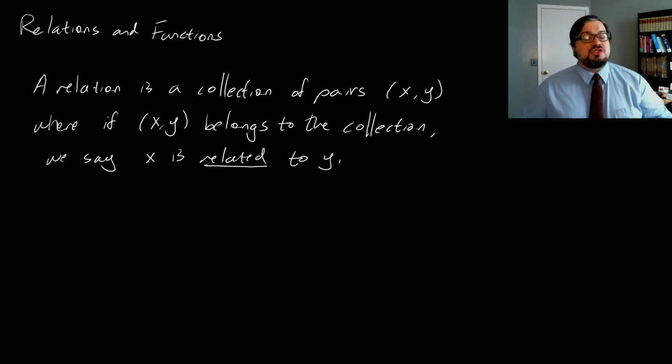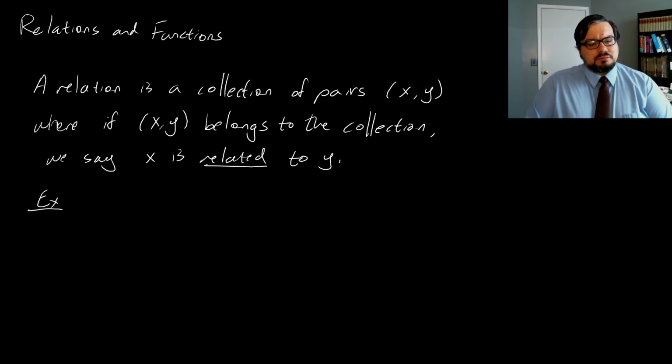Now, this is a very broad type of concept, and it's deliberately vague so that the relation idea can describe all sorts of relationships between objects or people or numbers. So we're going to look at a few examples of relations and then define some terms involving them, and then move on to what makes a relation a function.